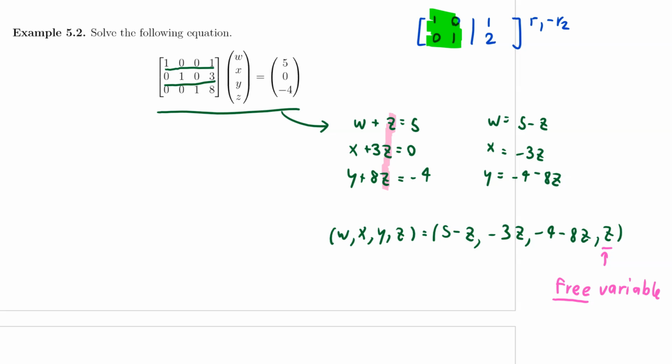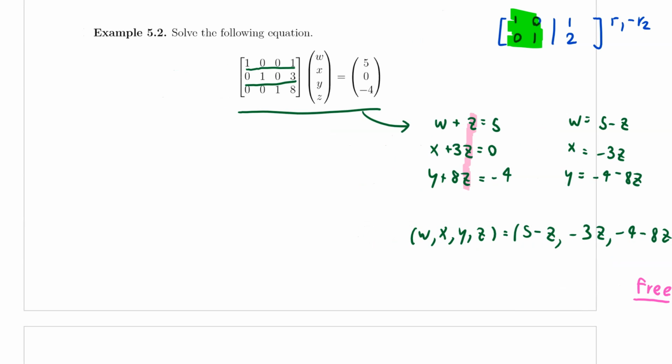Notice how this problem is actually not that hard, and this is because the matrix that we have here makes our life quite simple. This kind of matrix has a name. It is called reduced row echelon form.